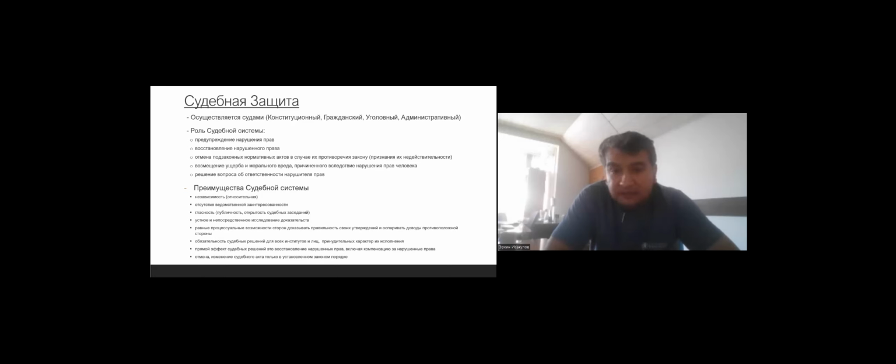And last but not least, and still very important, the judiciary rules on what kind of liability should apply to the perpetrators of human rights violations. That's exactly the rule of law, which we touched upon during the previous webinar, because this rule of law is ensured by the judiciary.